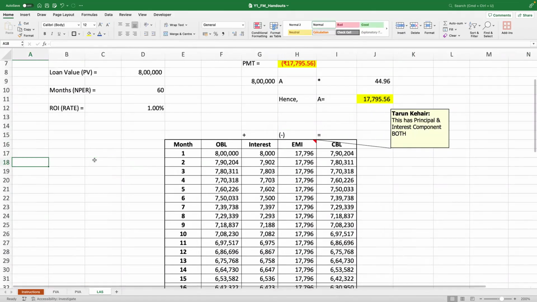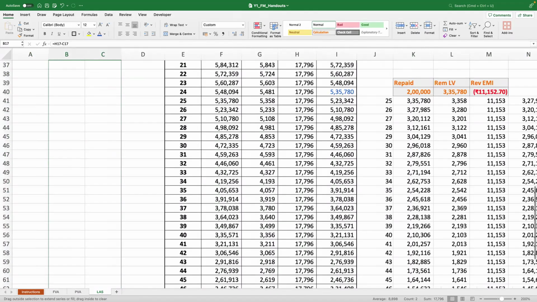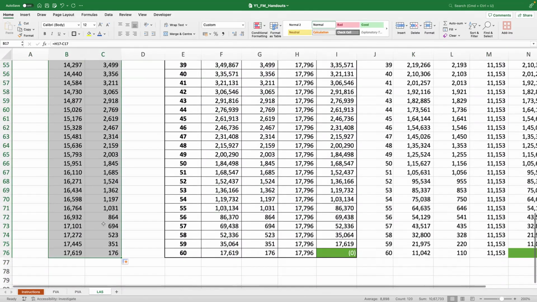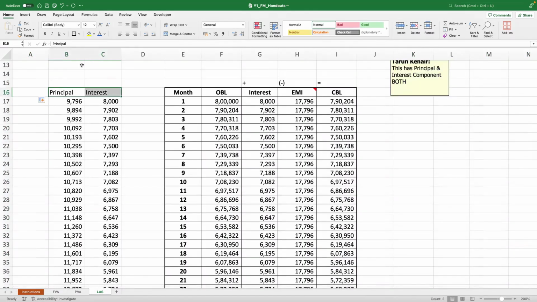You already know the interest part, so I'll capture the interest here. And principal probably I can capture here. So my interest I already know. This is my interest, which I am already aware of. So principal would be EMI value minus your interest value. And now what I am going to do next is drag this down. And this is your split between principal and interest.